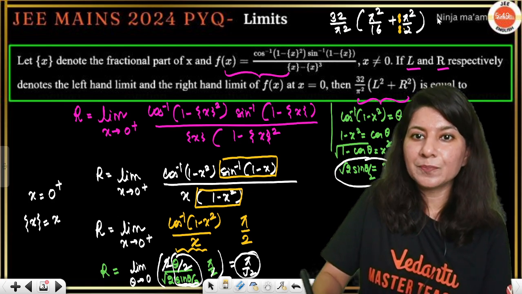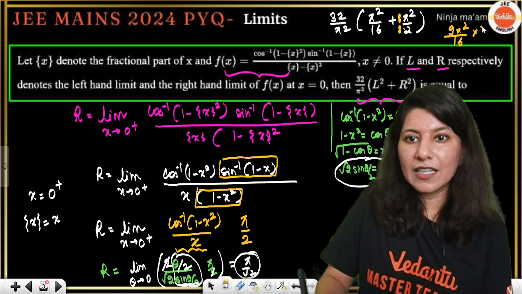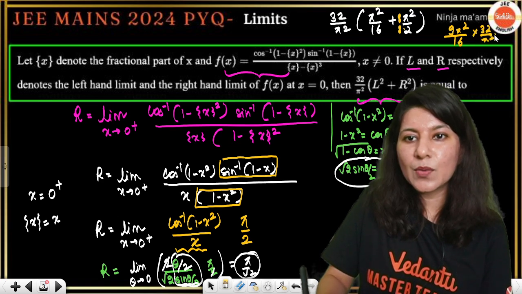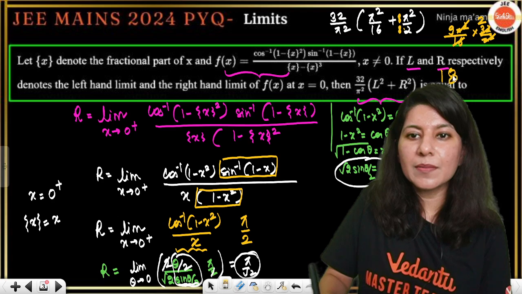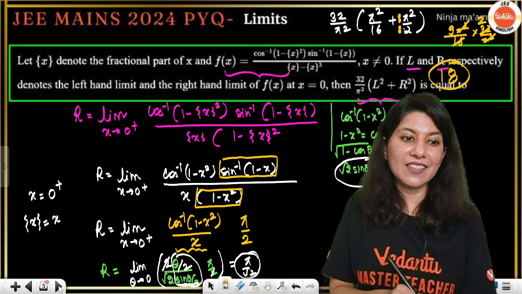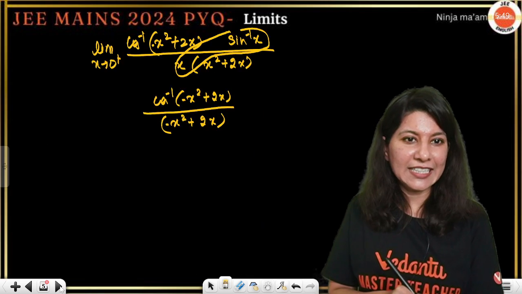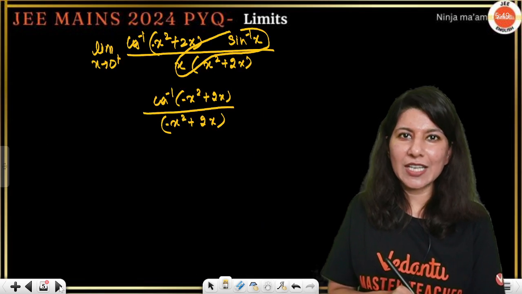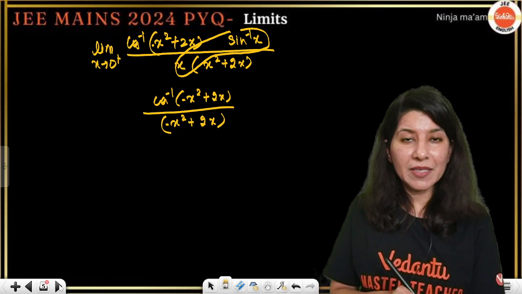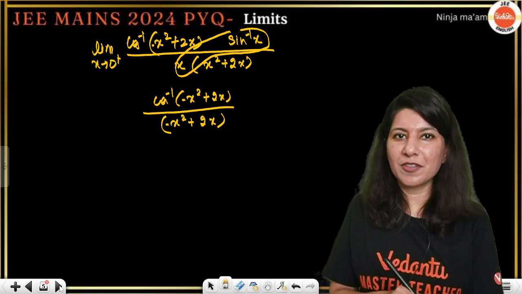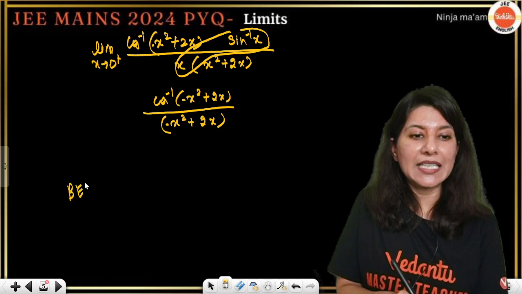So 9 pi square by 16 into 32 by pi square, pi square gone, 16 twos are 32, this is going to become 18. 18 is the right answer. A little bit lengthy question, I agree, because both limits were not that easy. One limit, if you calculate, will not solve your problem. That's why I will call it a beta question.